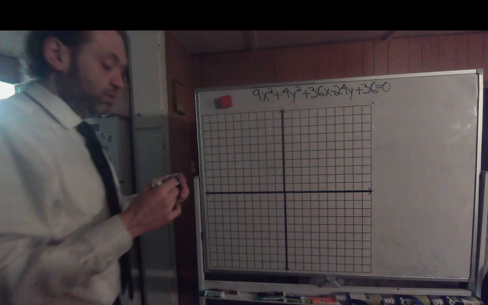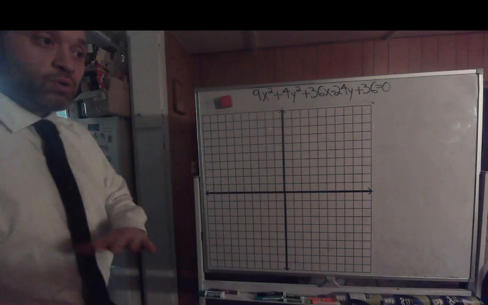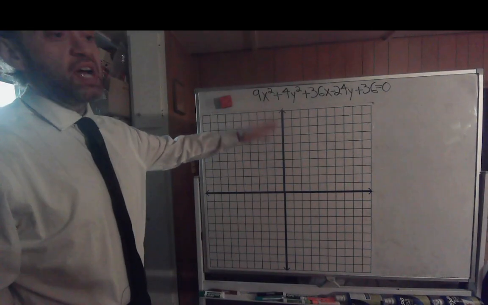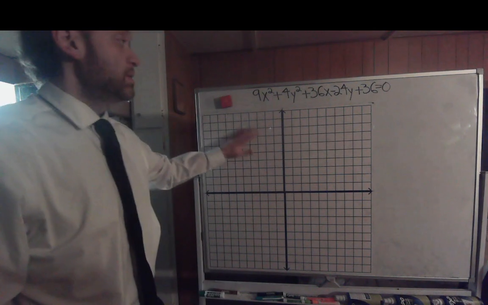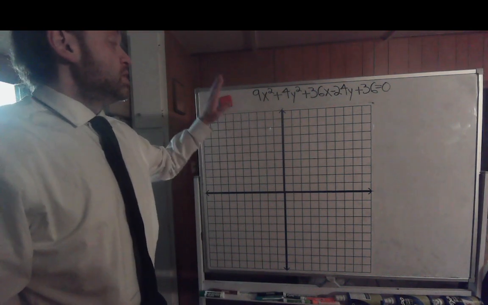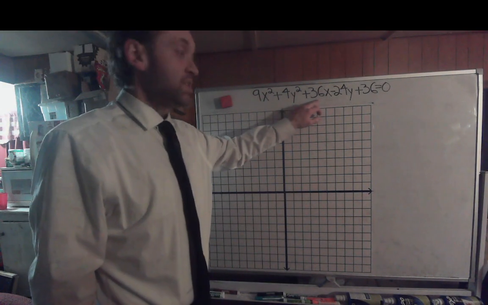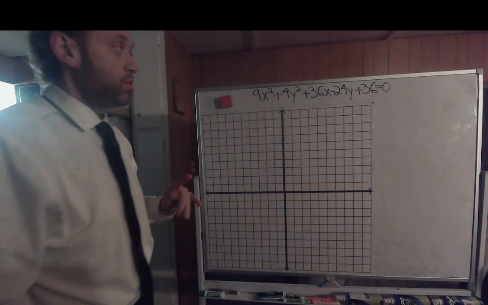So how are you going to approach something like that? This is the equation of an ellipse, but it's not factored, and your right side does not equal 1.